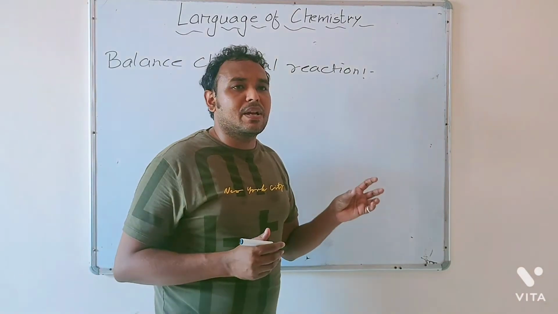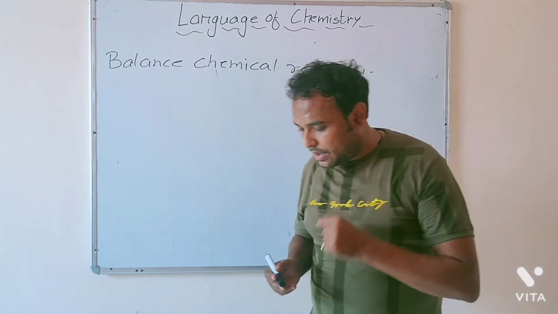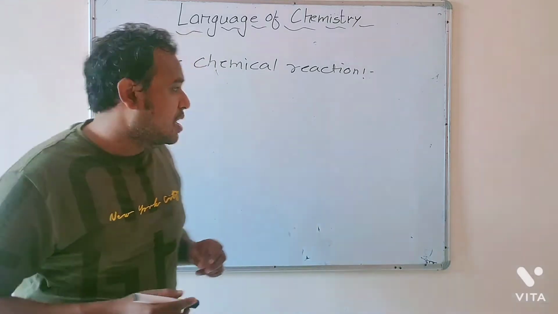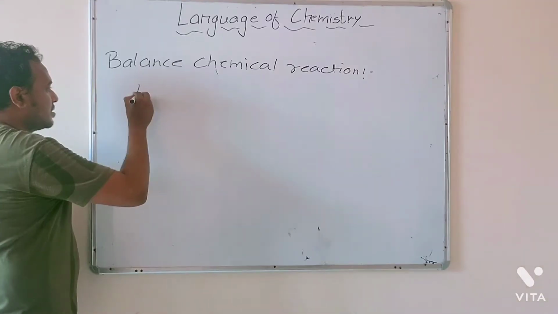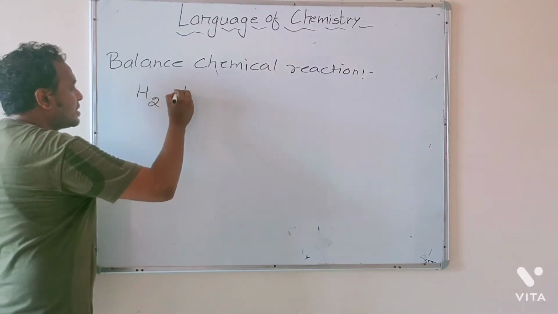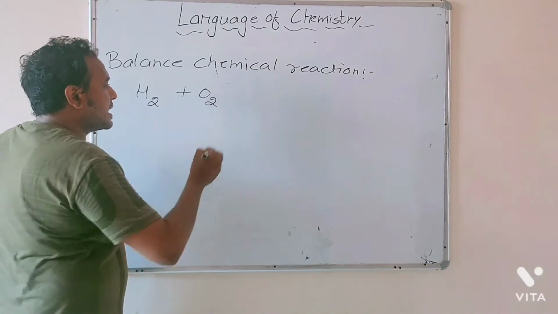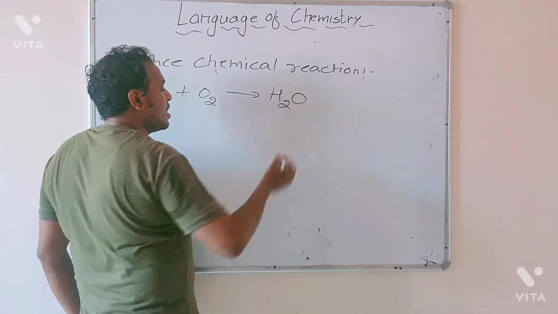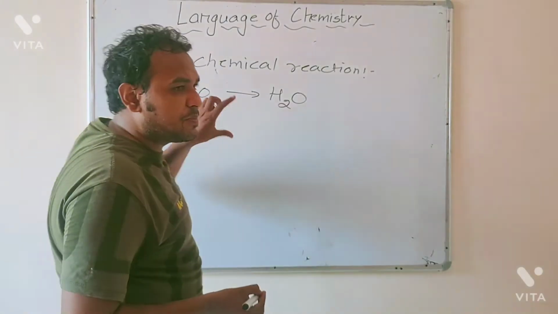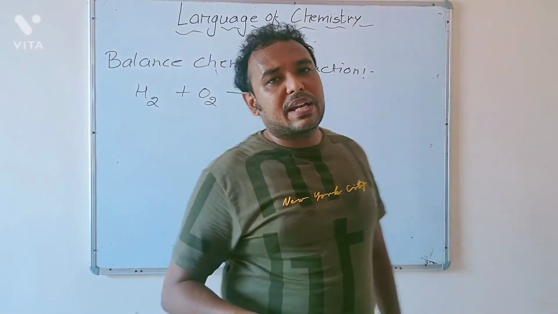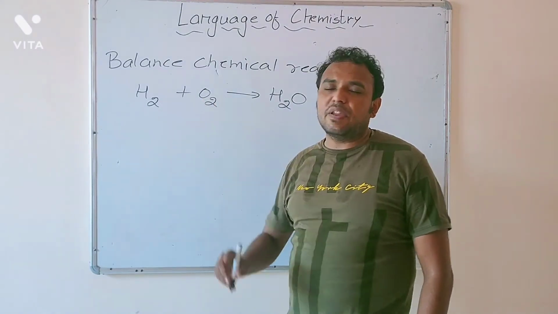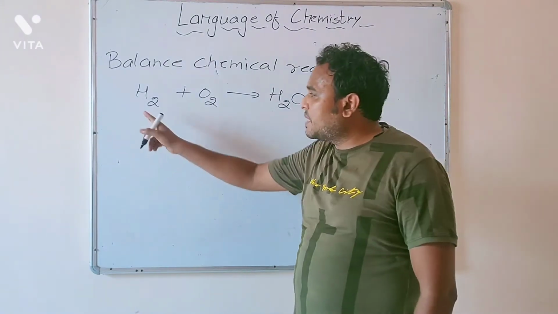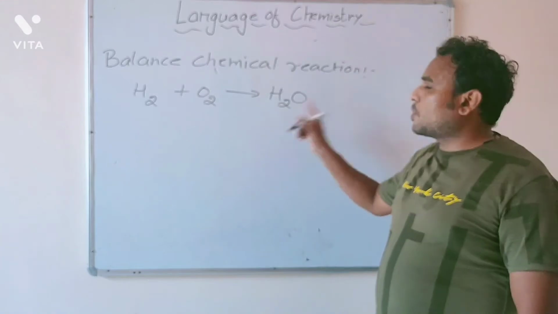How can we write down the chemical equation? For example, when hydrogen and oxygen react together, they form water. Now we have to check whether this equation is balanced or not. For checking this, we have to count the number of atoms on the reactant side as well as on the product side.